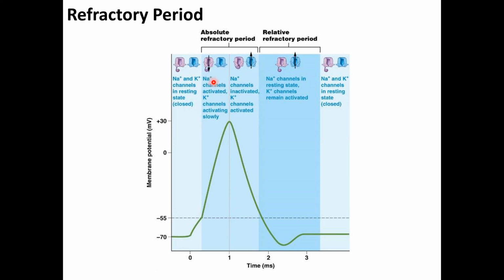So when sodium channels are either activated or inactivated, this is the absolute refractory period. Only when sodium channels are back to a resting state, at least some of them, this will be our relative refractory period. So at this point of time, if the stimulus is strong enough, we can generate an action potential.